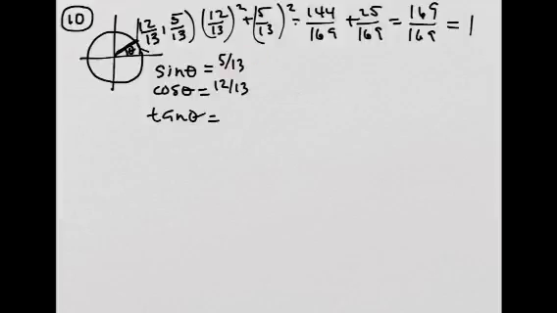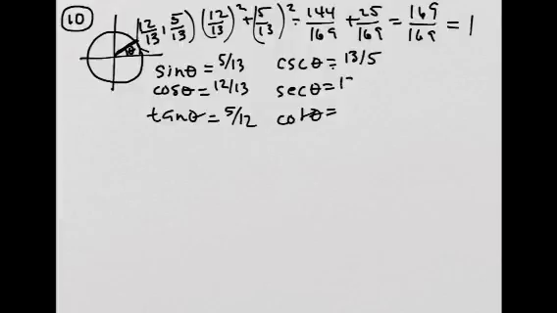Remember, the 13s would cancel, so you would be left with 5/12. And then the other three: cosecant, secant, and cotangent. I always put the reciprocals next to each other because it's easier. So I'm just going to take the 5/13 and flip it, take its reciprocal. So 13/5, 13/12, and 12 over 5. And that's the answer for number 10.